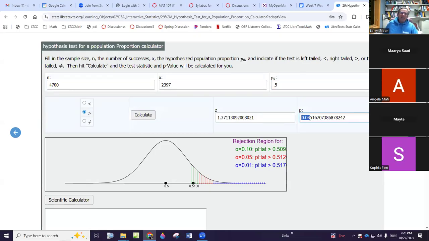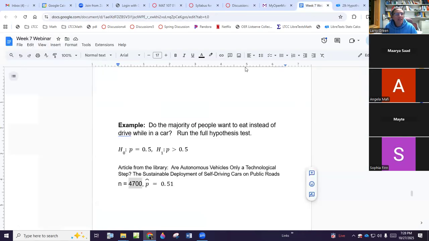So now we're looking at 0.09, and if we were going to use 0.05 as our level of significance, that would be higher. And you would say there is statistically insignificant evidence to support the claim that the majority, or more than 50%, of all adult Americans want to eat instead of drive while in a car.